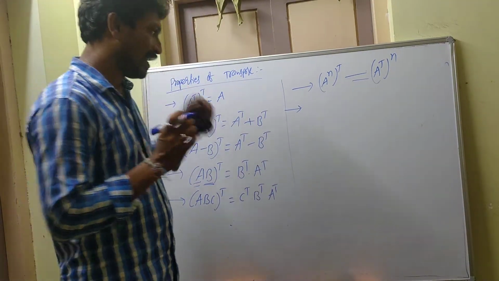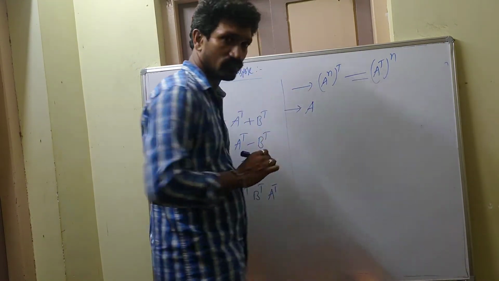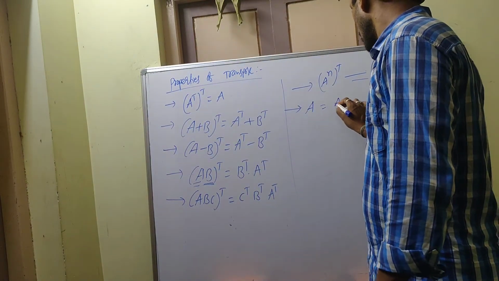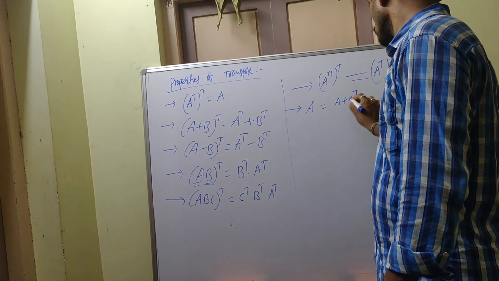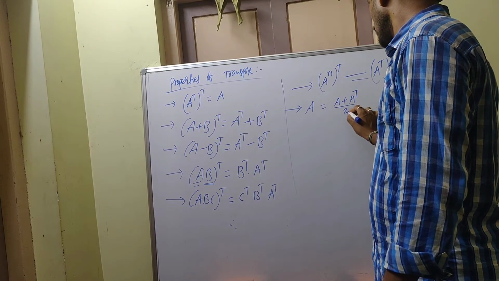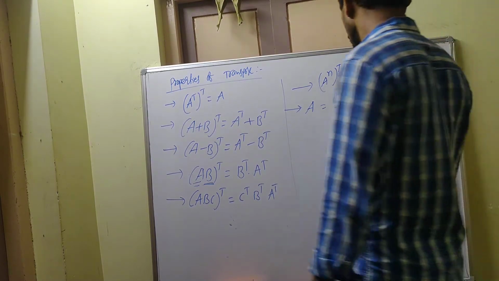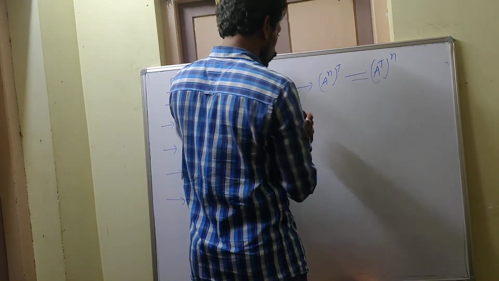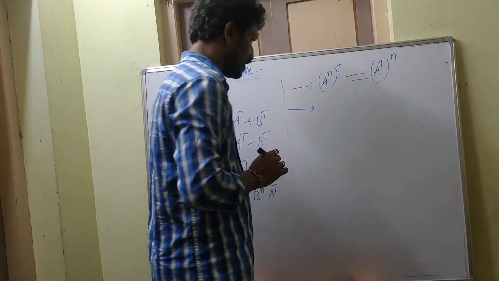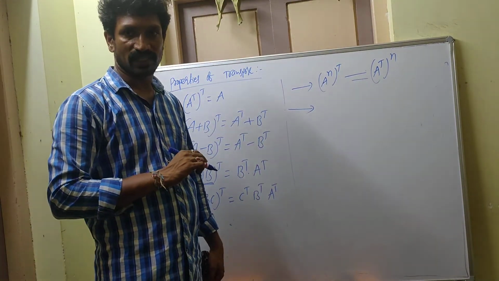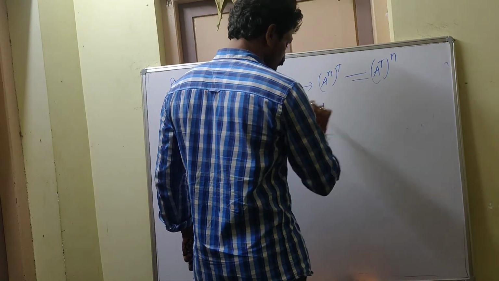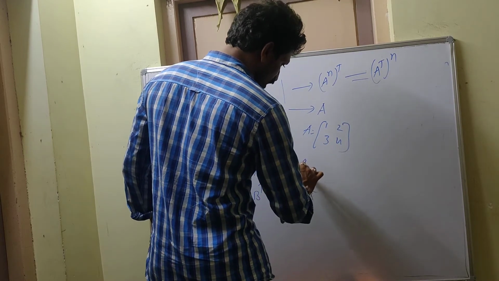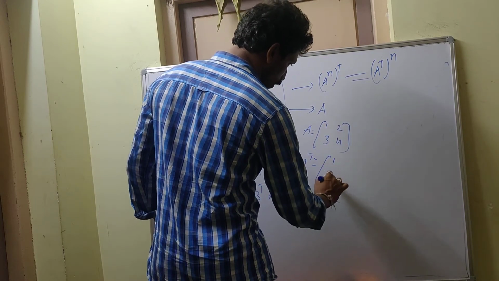Once you see, let us take one matrix A. You can write A as A plus A transpose by 2 if you take it like this. Otherwise, see, take any matrix A. Let us take A is equal to 1, 2, 3, 4. A transpose is 1, 3, 2, 4.